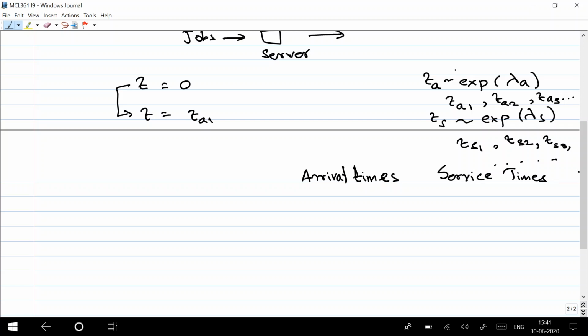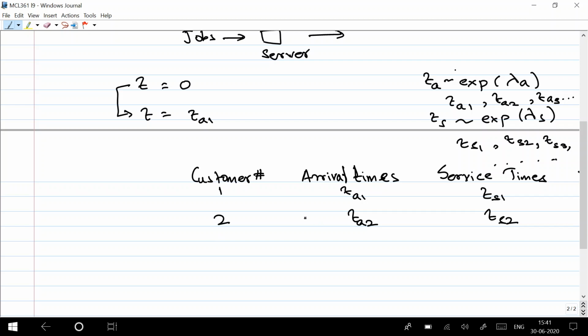So let's say the arrival time of the first customer is, let's call this customer number. What you do is, this is customer number one. The arrival time is TA1, service time is TS1. Customer number two, the arrival time is TA2, service time is TS2.